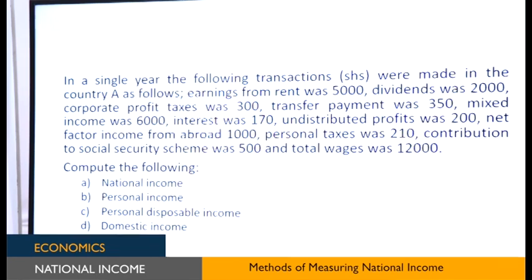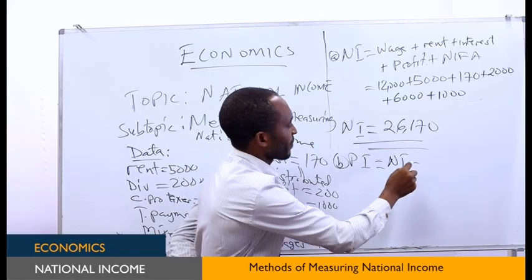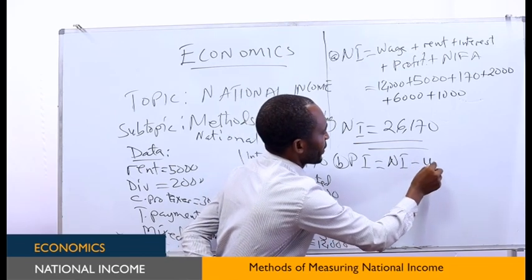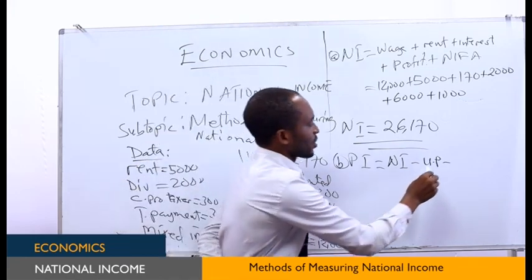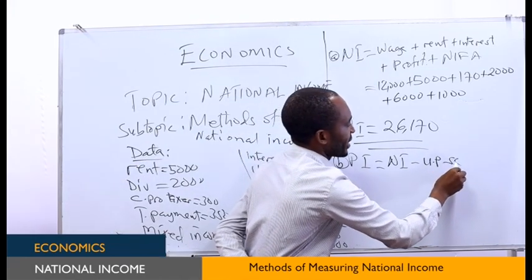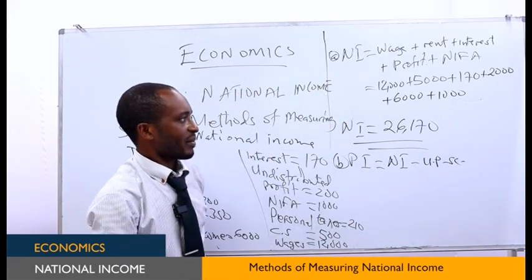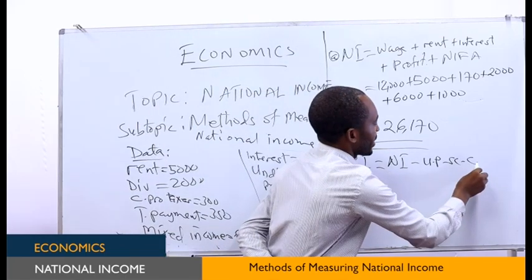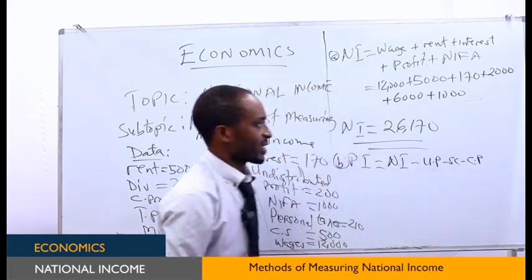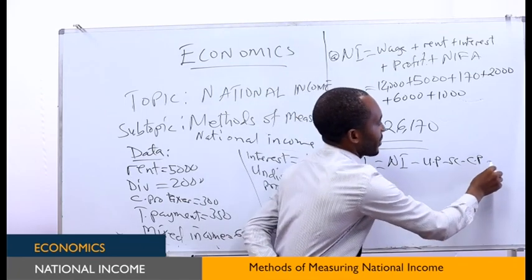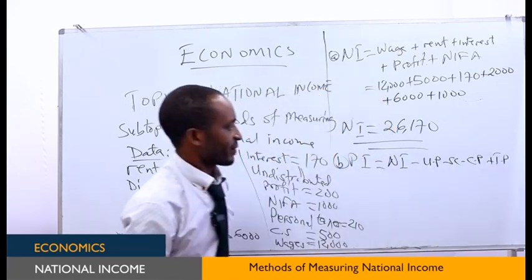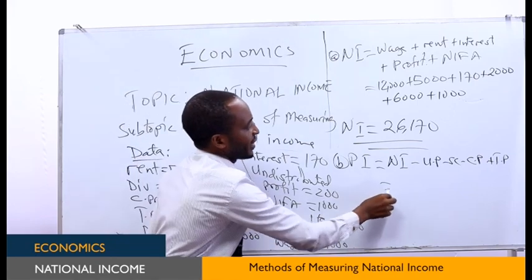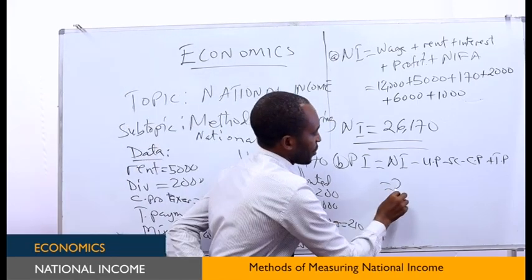So here you subtract the undistributed profit, then you subtract the social security scheme, then you subtract the corporate profit taxes, then you add the transfer payments.